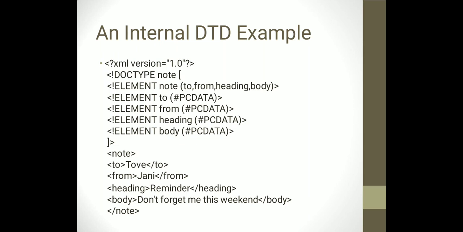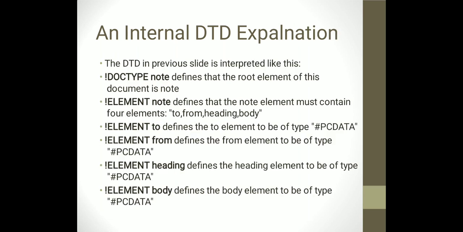Then how that internal DTD is used, that we have seen with an example, and we have also executed these examples in the practical sessions. In the internal DTD explanation we can see how the doctype node defines the root element of the document.